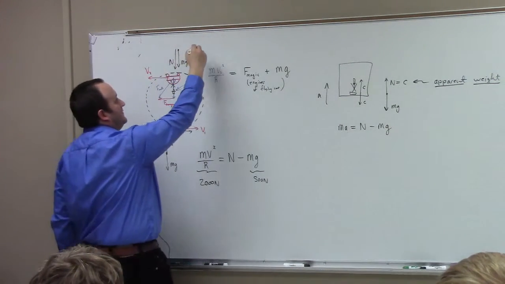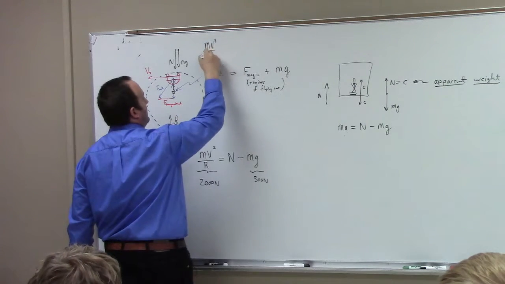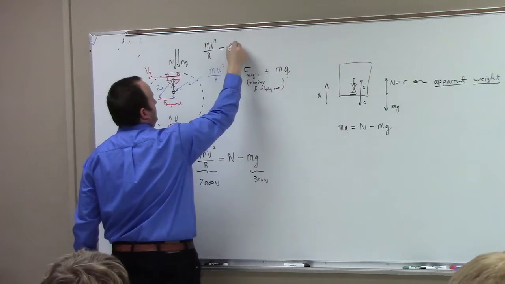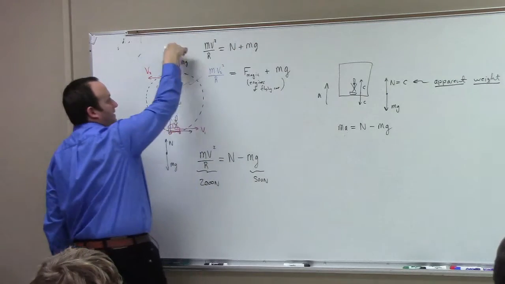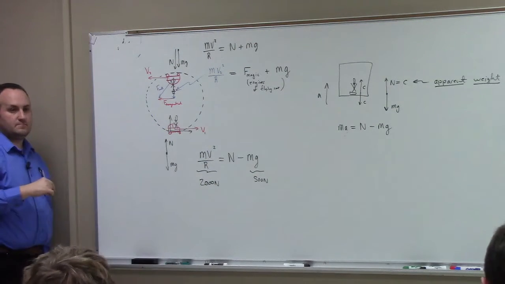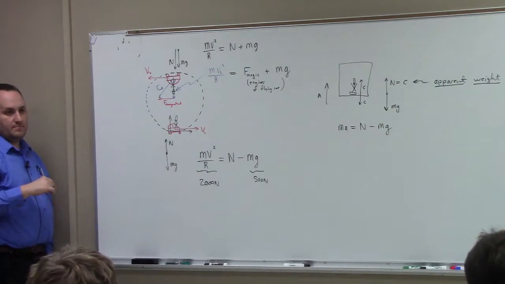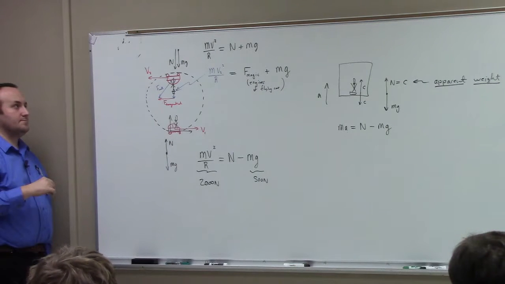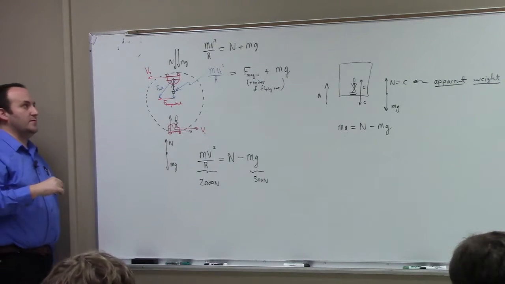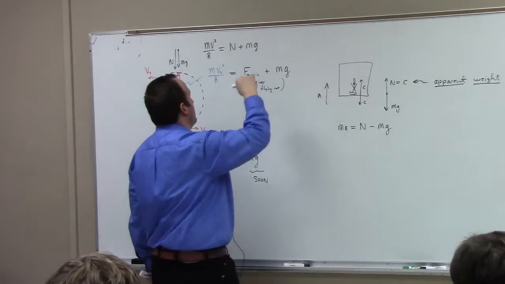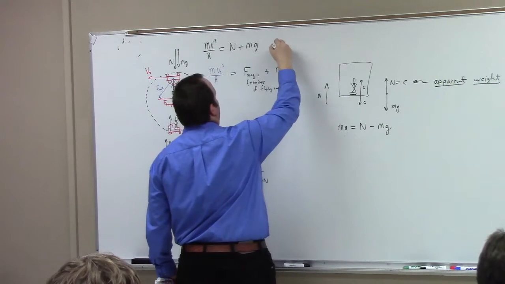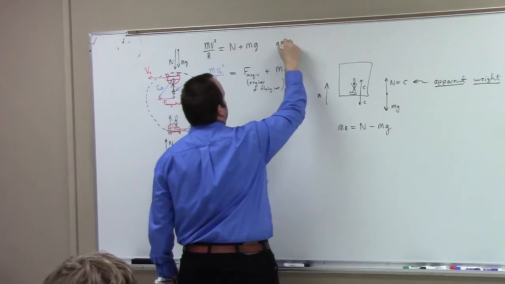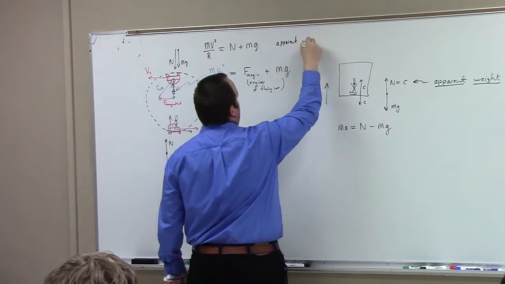So in this case you've got mv squared over r equal to n plus mg. These are both center seeking. So what does that mean? That means that the apparent weight, which is the normal force, by the way.